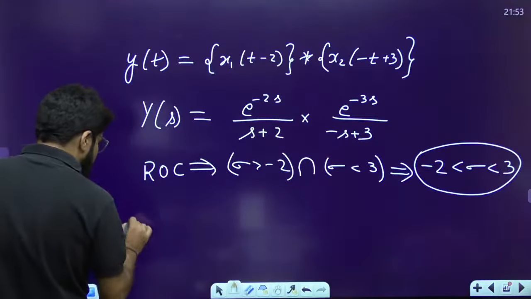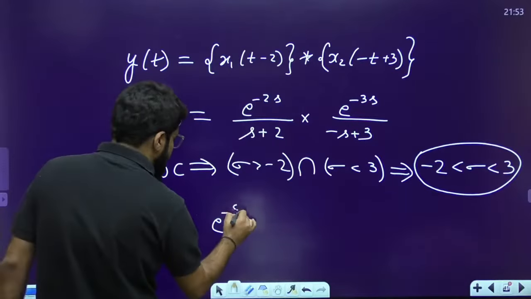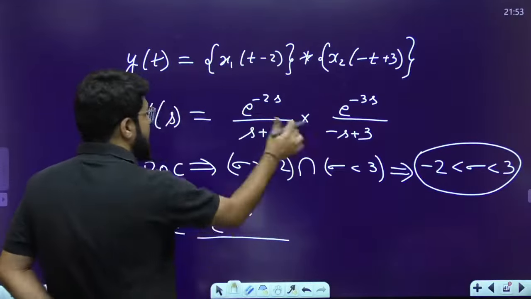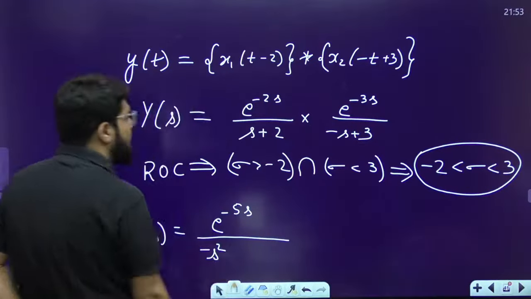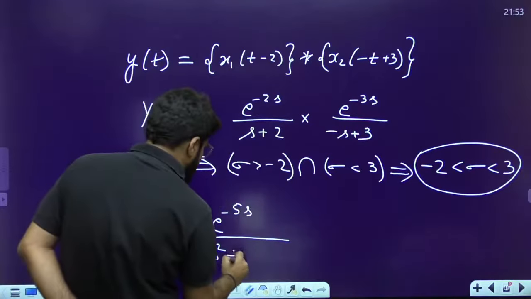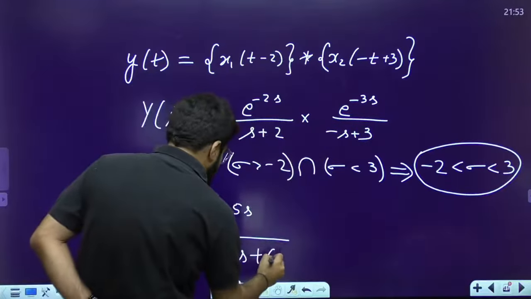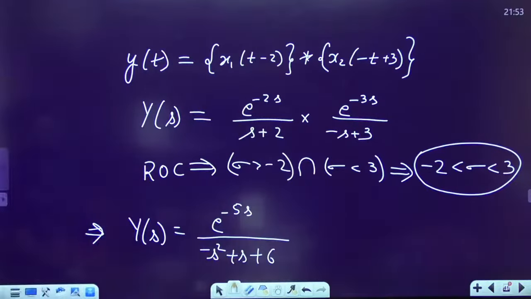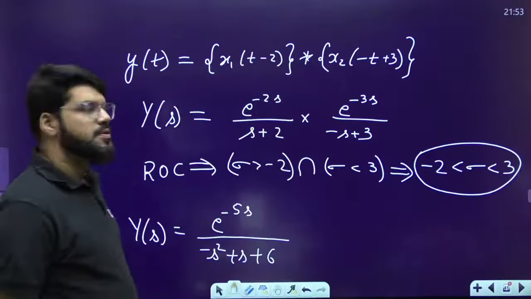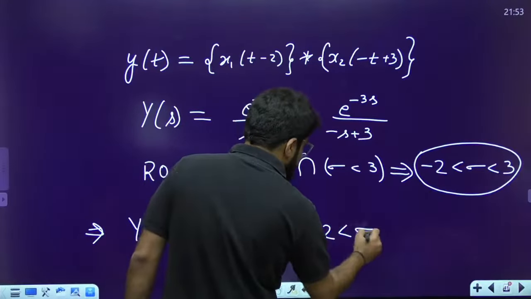So eventually Y of s is equal to e power minus 2s minus 3s, that is e power minus 5s, divided by, starting with minus s square, and then you would be having 3s minus 2s plus s, correct? 3s and minus 2s and plus 6: minus s square plus s plus 6. With the ROC minus 2 less than sigma less than 3.